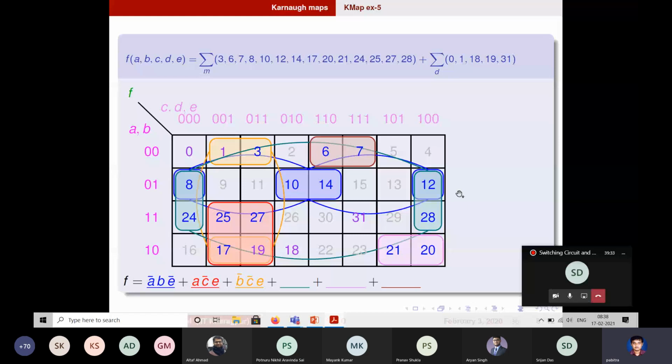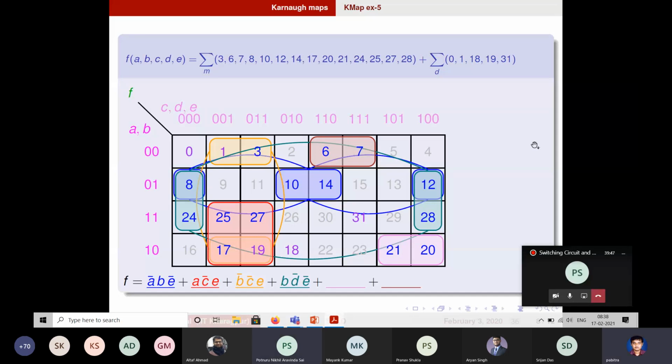8, 12, 24, 28: B, D bar, E bar. And what about this 20 and 21?